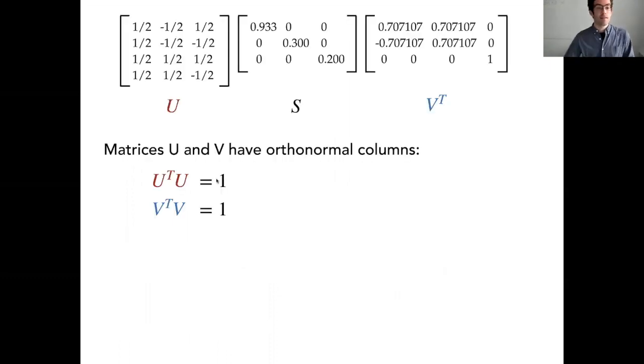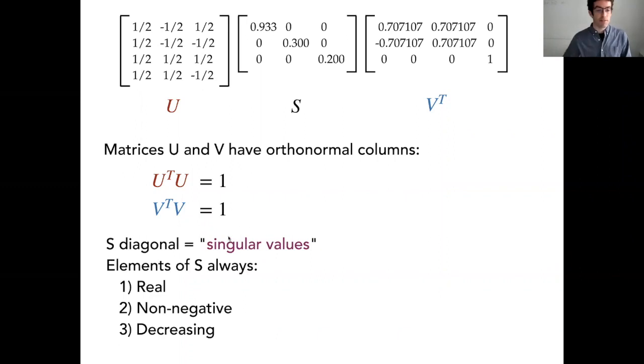The idea is that U is a partial isometry. If it's square, it's a unitary. So it has the property that U dagger U is 1, and V is like that too. V dagger V is the identity as well. What's most interesting is the matrix S. These are the singular values running down the diagonal of S. S is always diagonal with real entries that are non-negative and decreasing, or can always be taken to be decreasing.